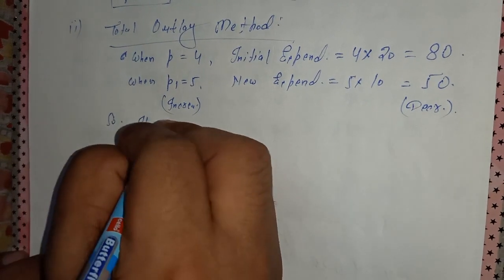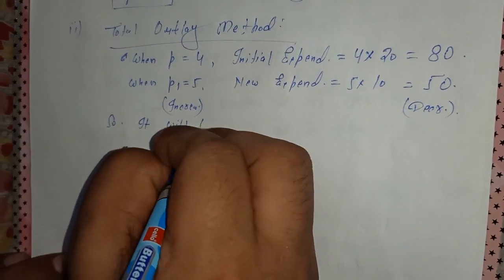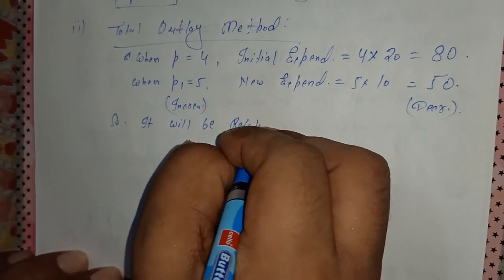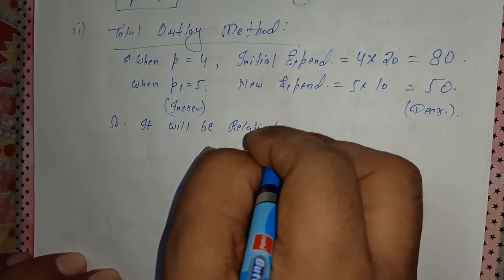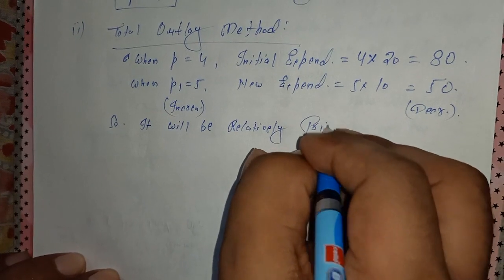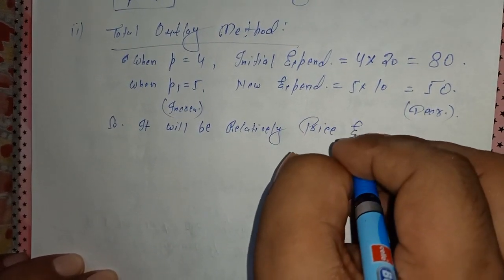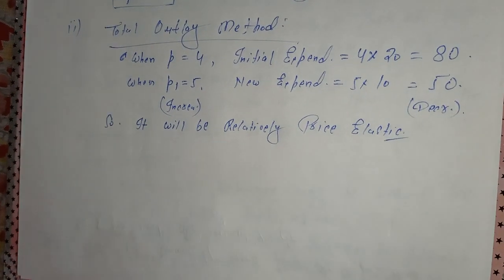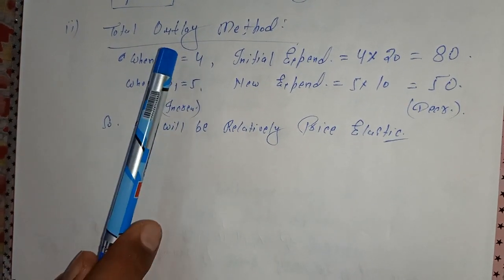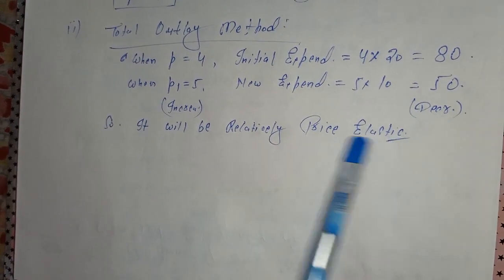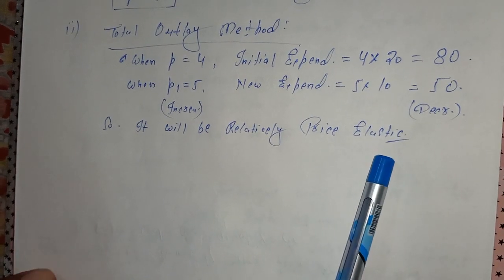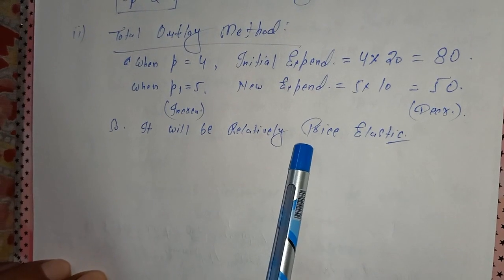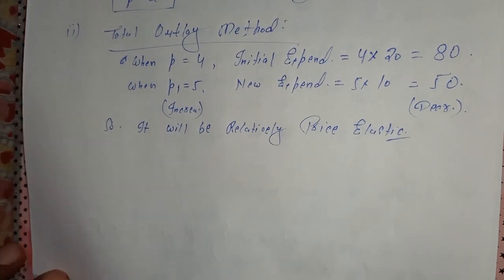With the help of the total outlay method, we can only know the nature of elasticity. We cannot determine the value. That's why we have the nature here, that it is relatively price elastic demand.